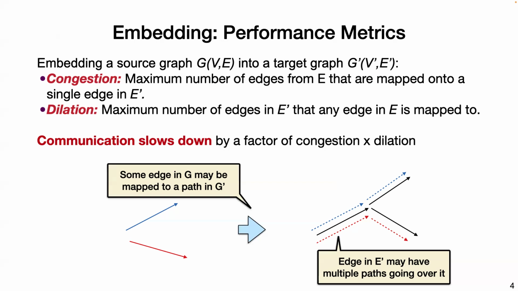So if you have this blue one and this red one in G, it might get mapped like this: the blue one becomes two edges in G prime, and the red one becomes these two edges in G prime. Here the dilation is 2 because one edge becomes 2, and the congestion is 2 because two edges are going along this link.